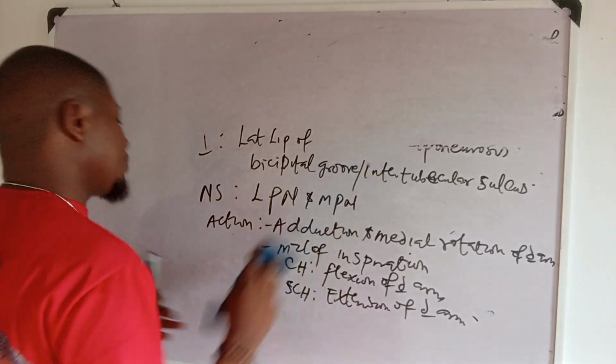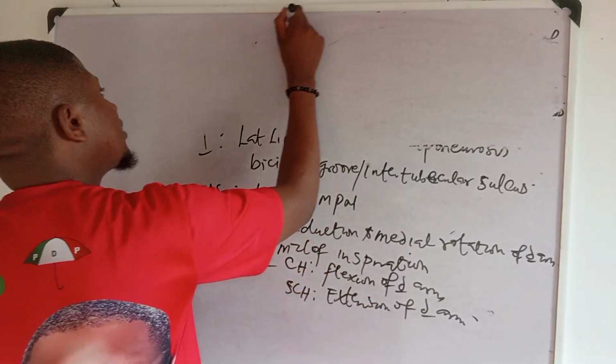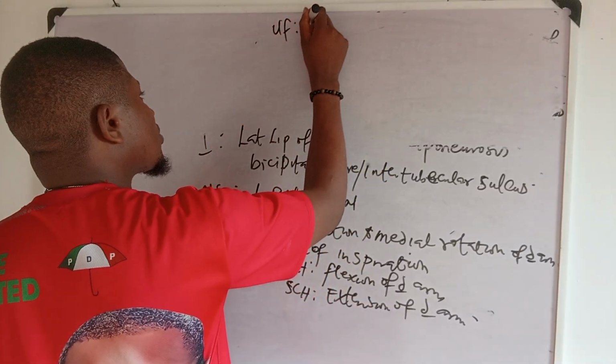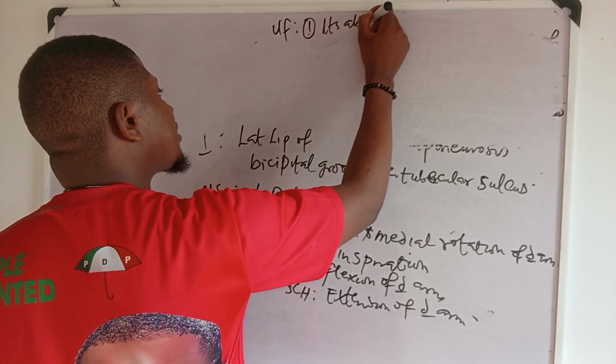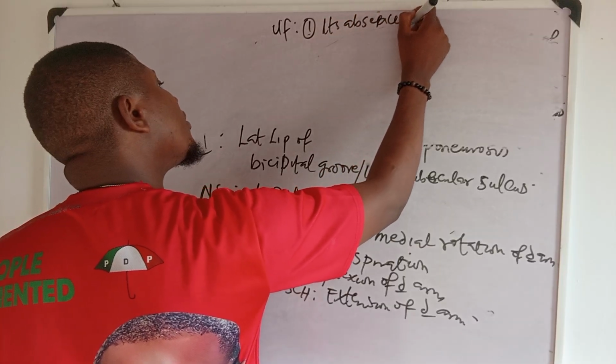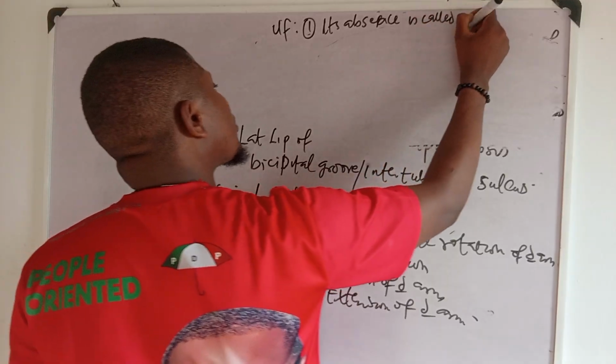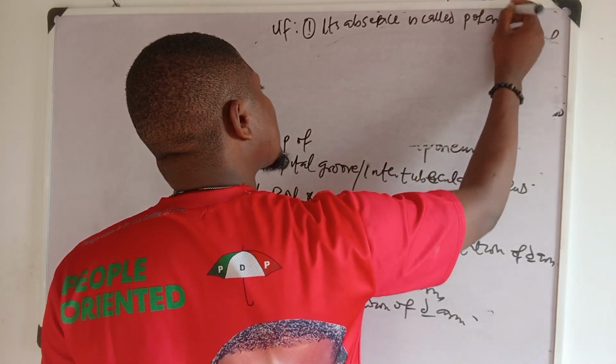The unique features of this muscle. Number one, its absence is called Poland syndrome.